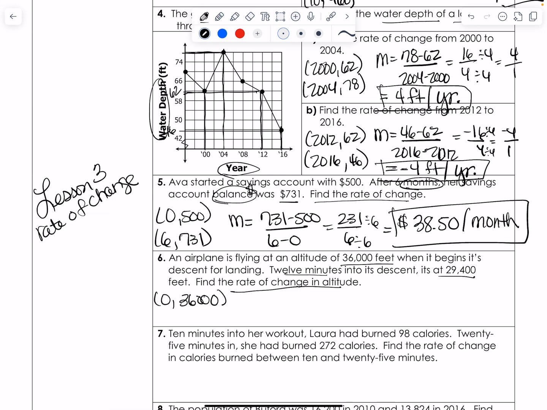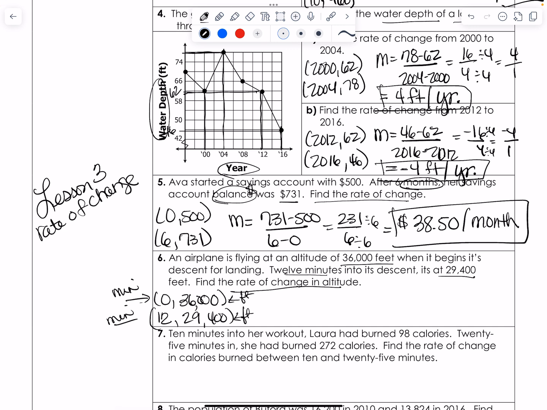And then 12 minutes into it, we moved to 29,400. So this 0 is your minutes, and this is your altitude in feet.